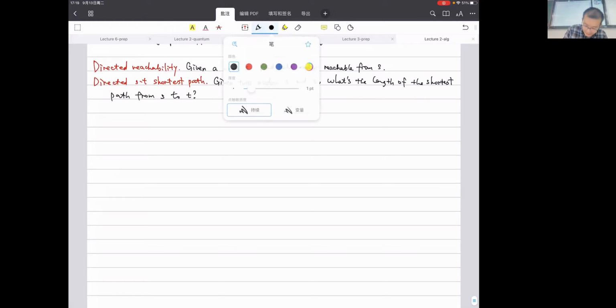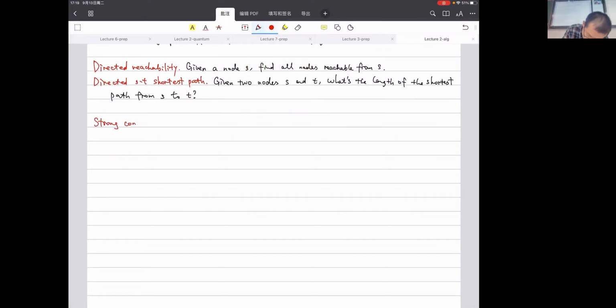Here we can still discuss connectivity, but we have a further definition called strong connectivity.